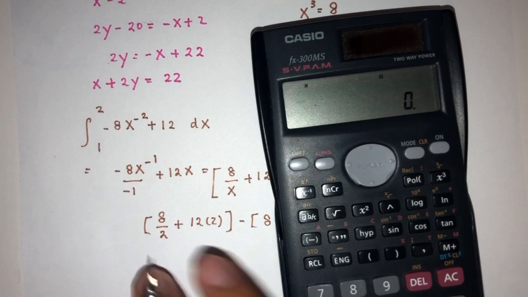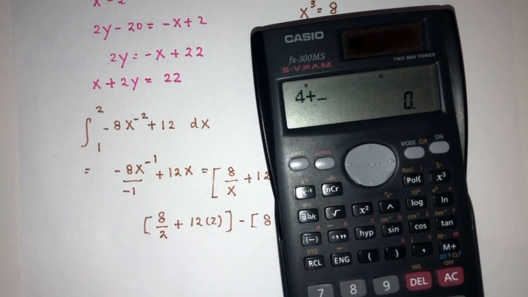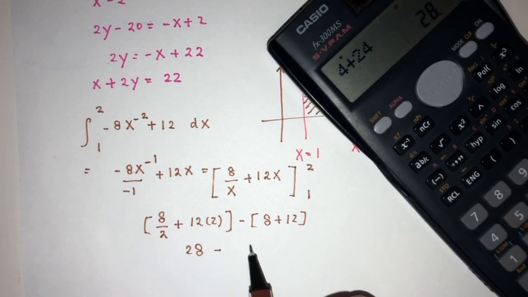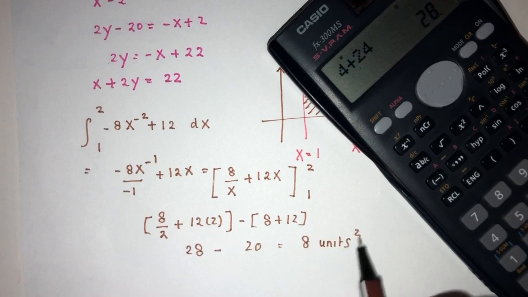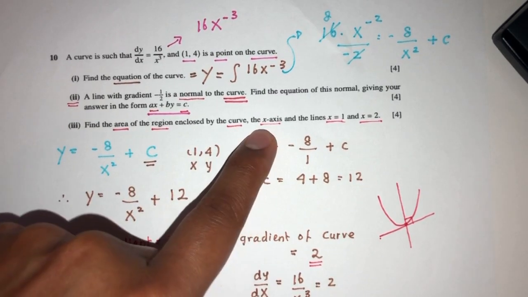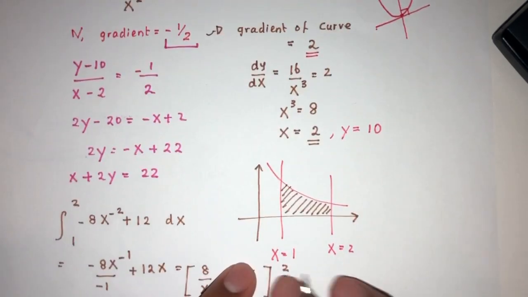Let's see what that gives us. 4 plus 24, that will be 28, minus 20, and that should be 8 units squared for the area of the region that we need to find between the curve, the x-axis, and the lines x equals 1 and x equals 2.